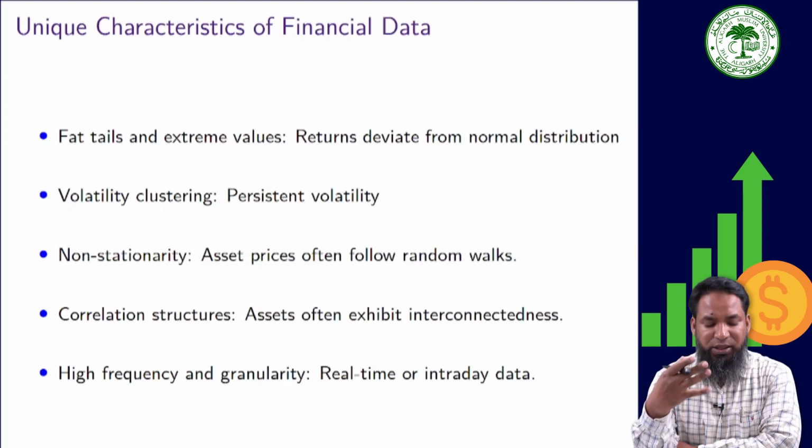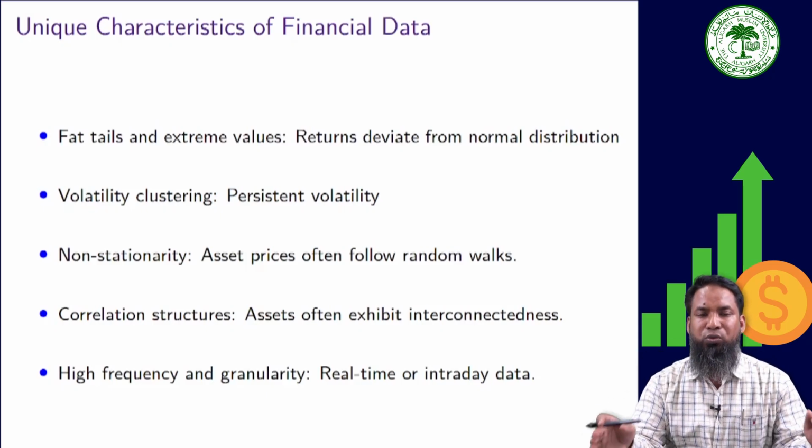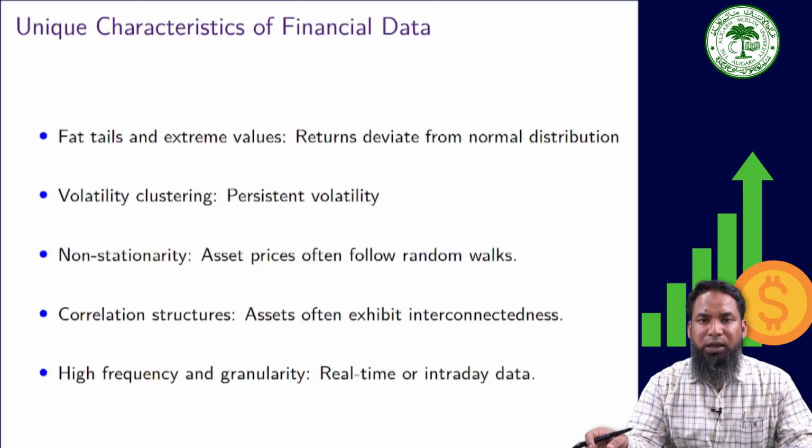However, when we say the data has fat tails and extreme values, that means it will either be positively skewed or negatively skewed or could be both. And if that is the case, then it has huge implications for the participants or for the financial markets.